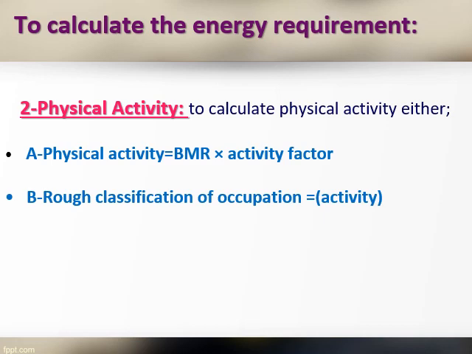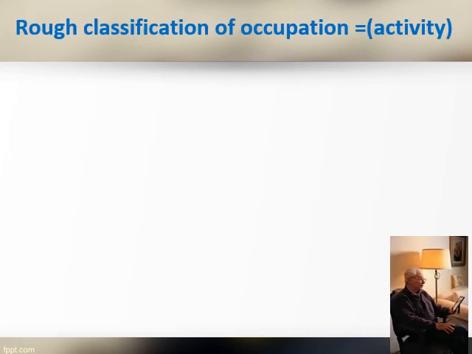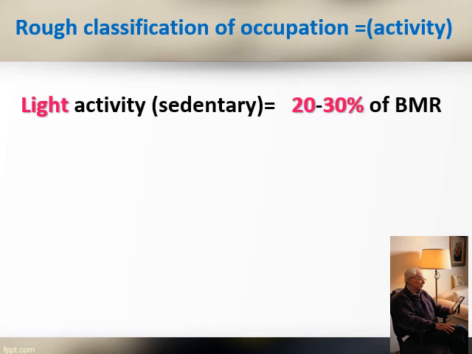At your level, we will depend on the second way, which is the rough classification of occupation. According to rough classification of occupation or activity, the physical activity can be classified into light activity or sedentary, which is equal to 20 to 30% of basal metabolic rate.